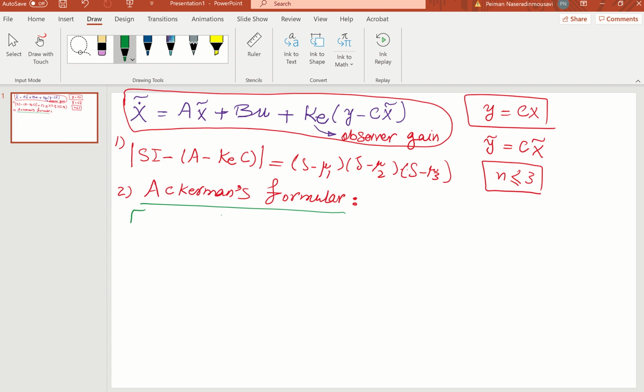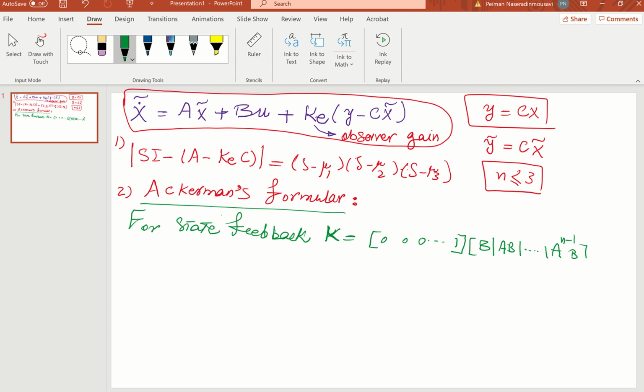For state feedback, we were determining the gain K with the formulation [0, 0, 0, 1] for the SISO system, times the inverse of B, AB, up to A^(n-1)B. This was what? Yes, the controllability matrix M, times phi of A, and phi of A was a polynomial.